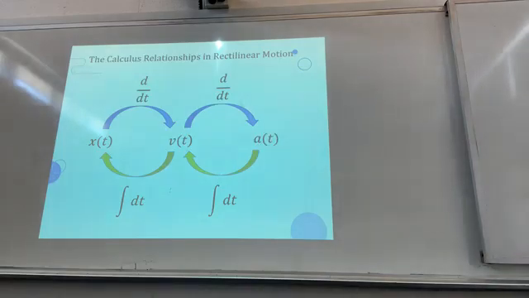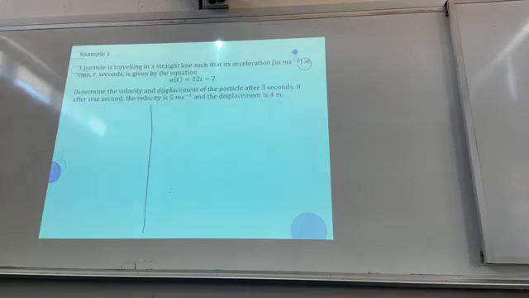But the thing is, we need to be able to look at graphs. Think about things like the displacement. Now, the first one is pretty straightforward. It's an initial value problem. So now you've got a particle traveling in a straight line.